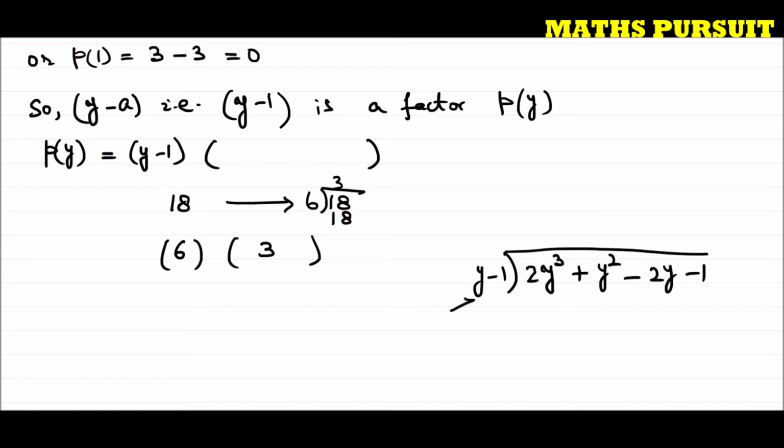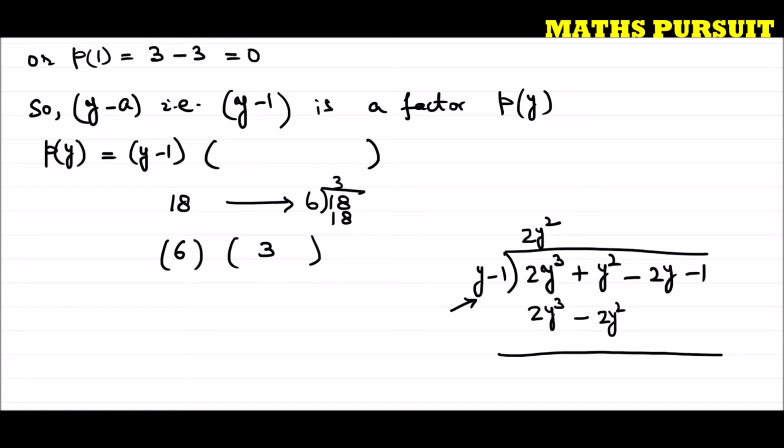So what should I multiply to this y, so that we can get 2y to the power 3? The answer is very simple and very straightforward. If I multiply 2y to the power 2 to this y, we are getting 2y to the power 3. That means 2y to the power 2 into y is 2y to the power 3, and 2y to the power 2 into minus 1 is minus 2y to the power 2.